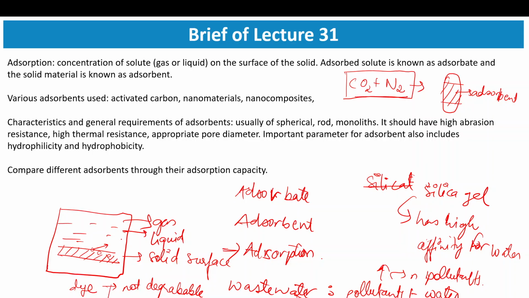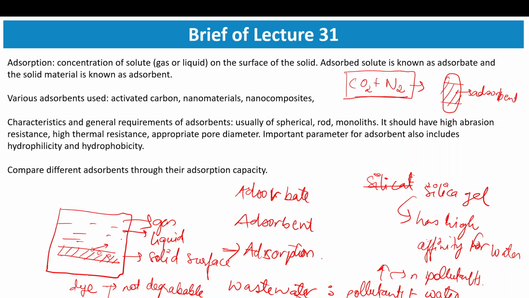Then you can have heavy metals in your wastewater. So there could be multiple pollutants which might not be removed by conventional methods. In that case, you can use this adsorption process.